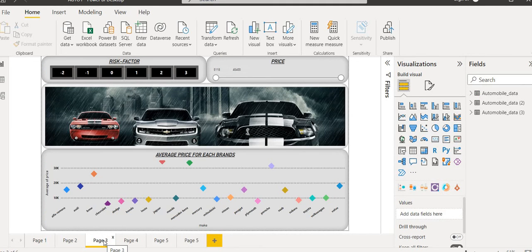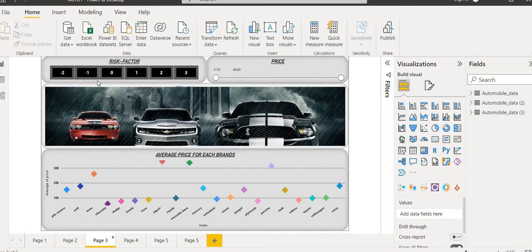Page number 3 is showing the data of risk factor and price. These are two slicers which are used to get the data of the risk factor and the price. Risk factor is showing the risks of the car.